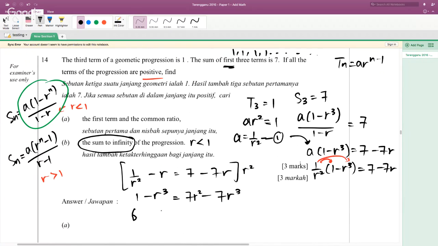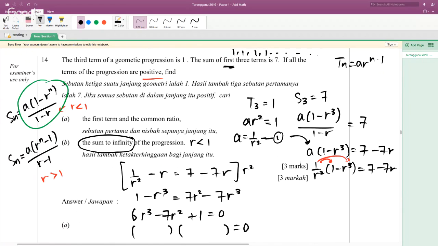So here we have 6R cubed minus 7R squared plus 1 equals 0. Then I will just simplify here. I'm trying to use 3R and 2R. So, oops, cannot be.